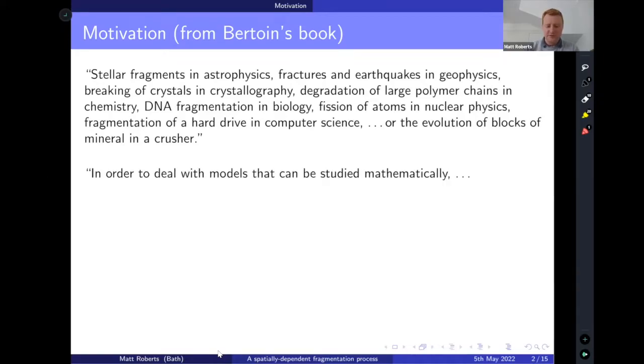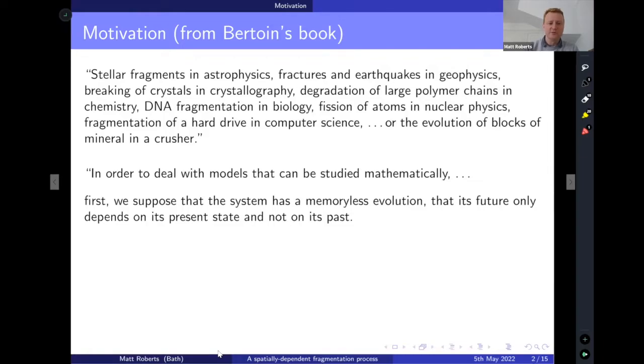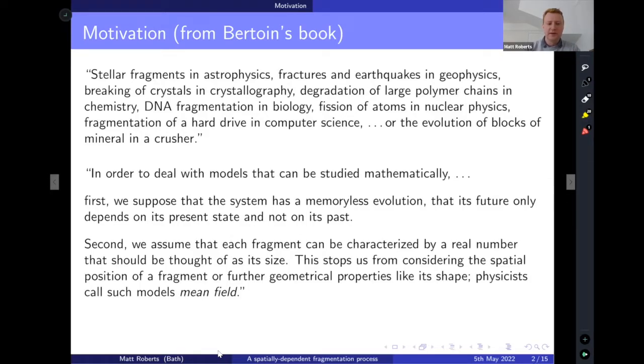He says that if you want to deal with them mathematically, you need to make some assumptions. First of all, we suppose that the system has a memoryless property. And second, we assume that each fragment has some real number associated to it that we can think of as its size.